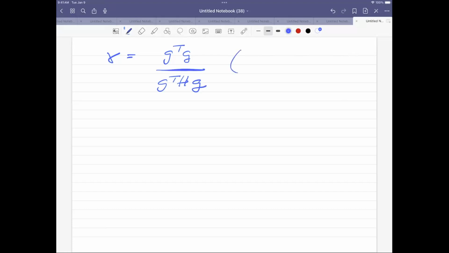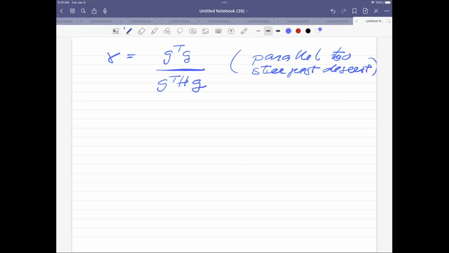This, what you see here, is parallel. It's actually not so different to a method which is called steepest descent, and we may discuss that a little bit later. Now, what I have is an expression for this gamma.